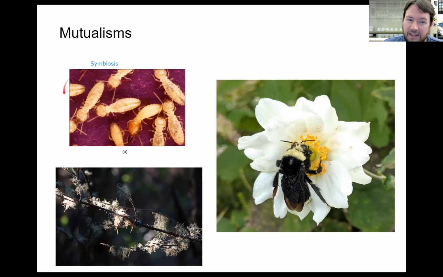So both species are benefiting in this mutualistic symbiosis. Another example of a symbiosis is between the algae and the fungi that we see in lichens. And actually, the newest research says it's algae and fungi, and also yeasts are sometimes involved in these lichen mutualisms. So, okay.